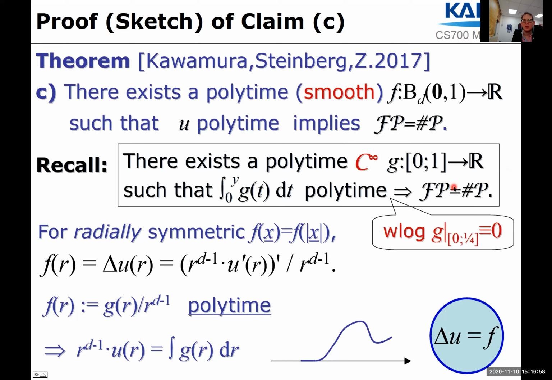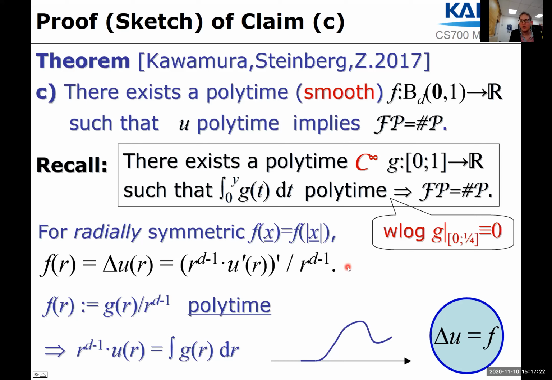So this concludes the proof that for Poisson's equation, computing it in Sharpie is indeed optimal, is the best we can hope for, and smoothness does not help. That's an important observation as usual.